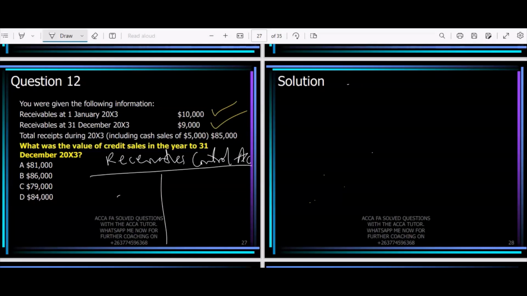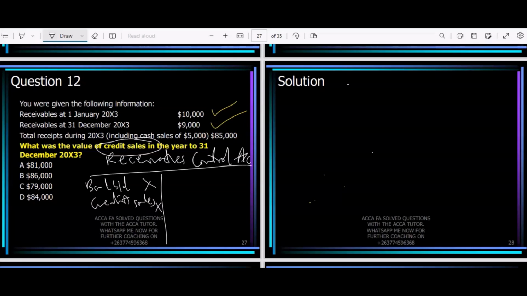Receivables are assets, therefore the opening balance, balance BD, should be on the debit side of the account. Then whatever credit sales we make during the year should be on the debit side as well. So the credit sales as required in the question should be on the debit side of that account.